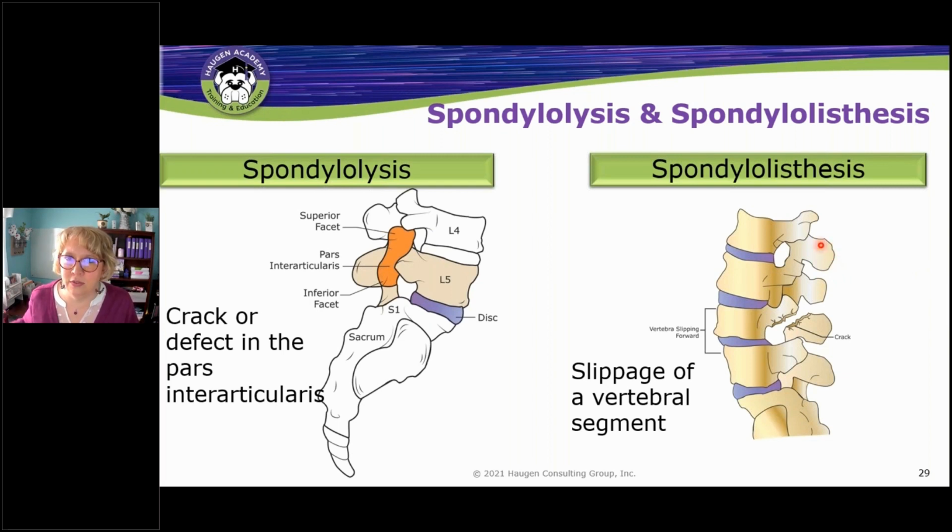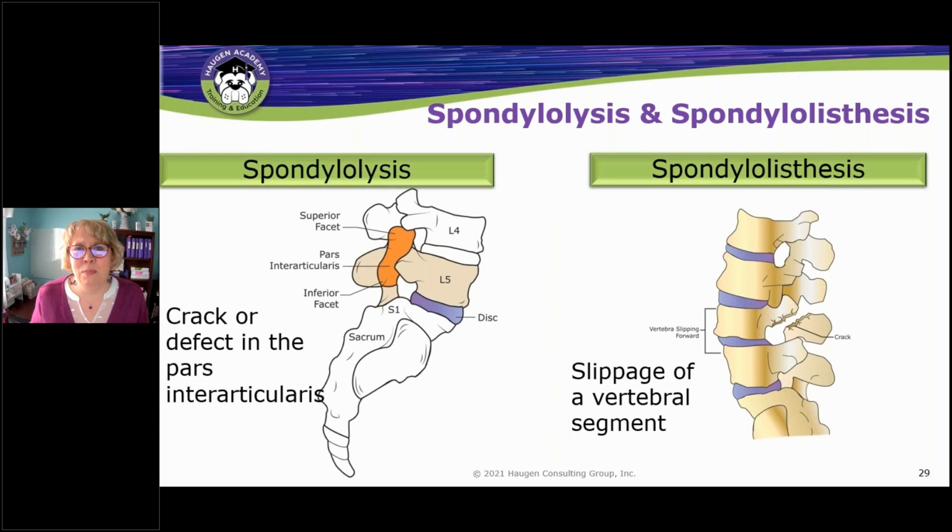It was the tips of the transverse processes, which wasn't great. It still caused some pain, but it didn't cause compression on the nerves or the spinal cord. And most of the time when we're coding spinal fusions, when we do my PCS portion, we're going to talk a lot about spinal decompressions and spinal nerve decompressions. That's really the ultimate goal of most of the spinal surgeries, to relieve that pressure on the spine and spinal cord.